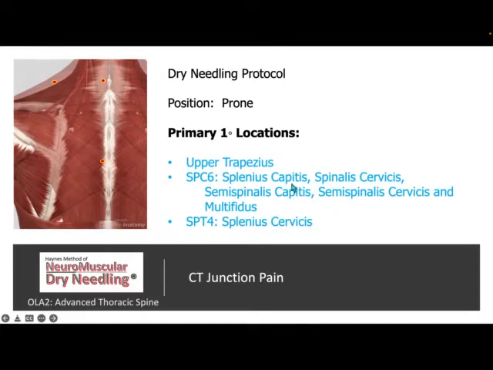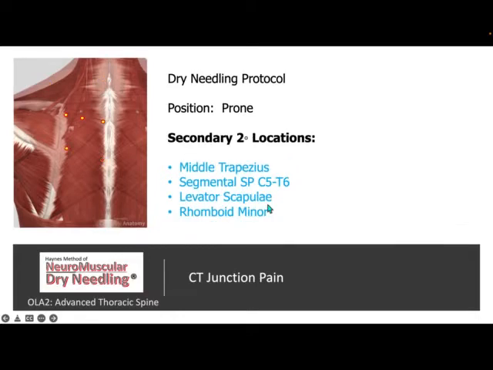So anyway, I digress. We'll look at our primary locations, which again, we are always going to start with these things. So at our CT junction, we want to look at first the upper traps, and then that piece from the adjacent to the spinous process of C6 and the spinous process of T4 to get all of those. Our second, we'll look at middle traps, and then anywhere segmentally from the spinous process of C5 down to T6.